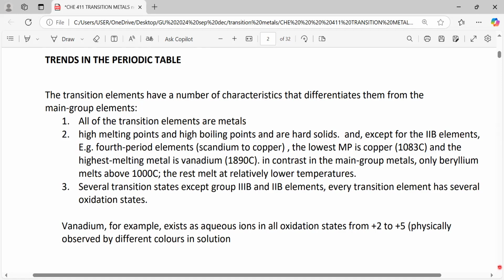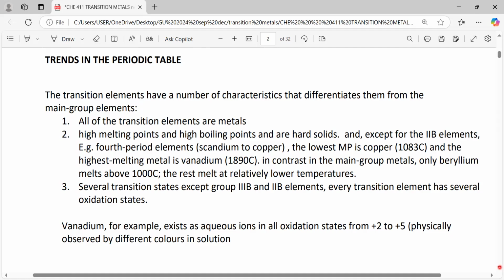That's why they call them transition metals or TMs. They have very high melting and boiling points, and therefore they are very hard solids, except for a few. You can see their melting points range in thousands.